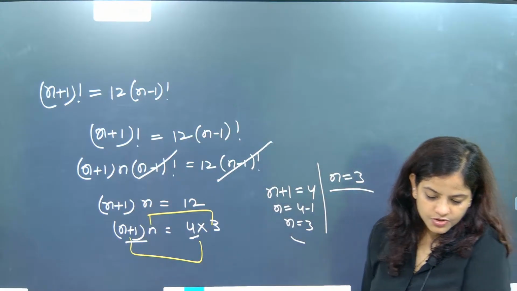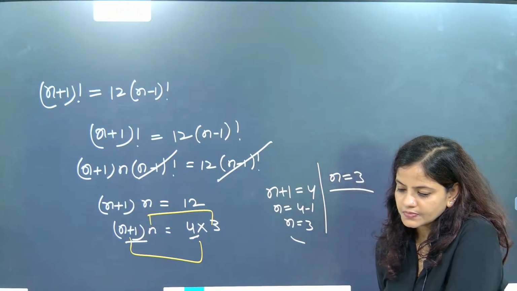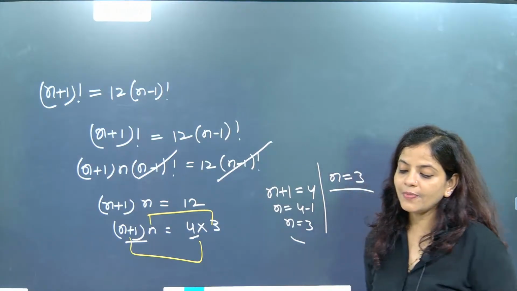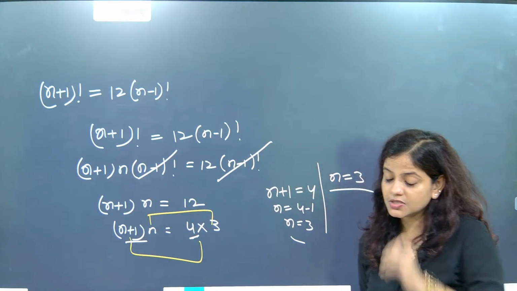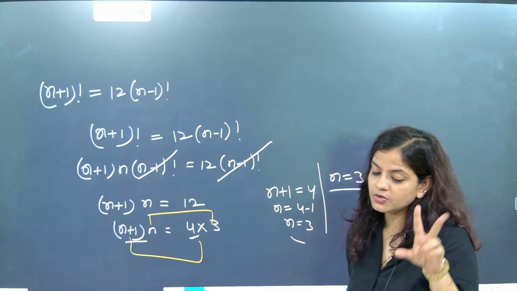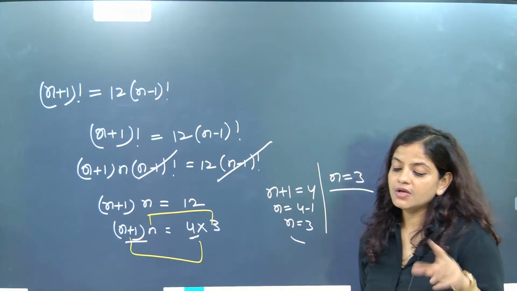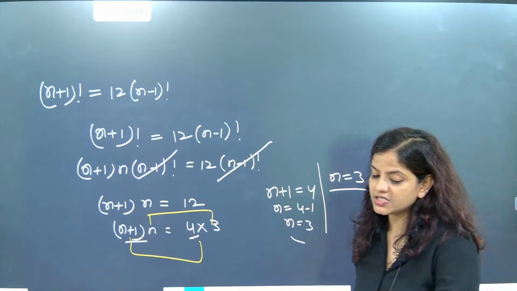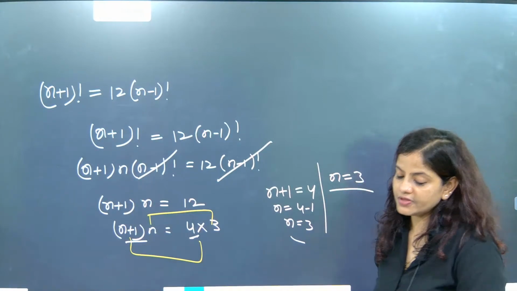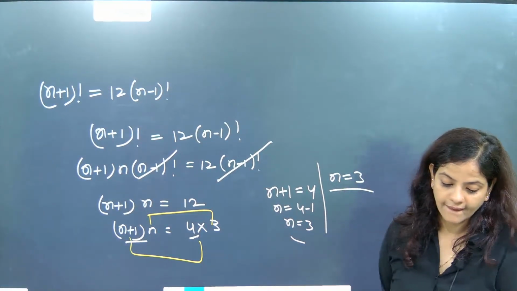Now let's solve the next question, please. Sujata, I hope you might have understood. Here, two answers will not come, only one answer will come. When you equate, the two factors are n and n plus 1. So n plus 1 will pair with the highest value 4 and n will pair with 3. So overall the answer will be n is equal to 3.